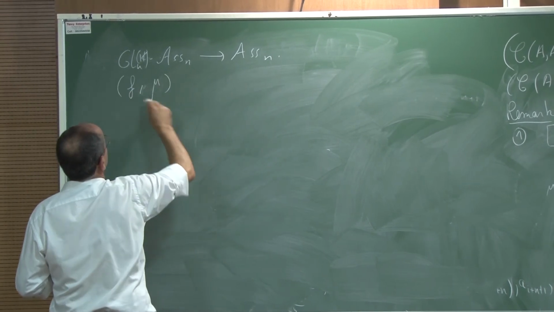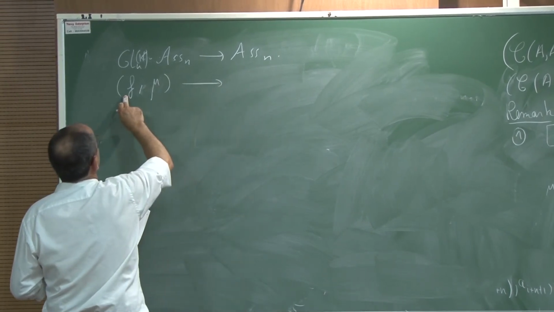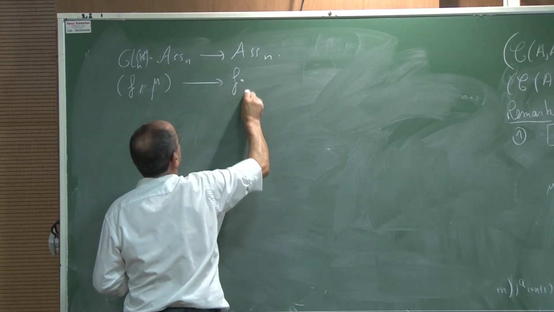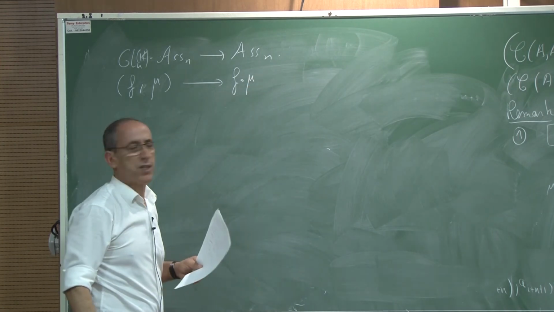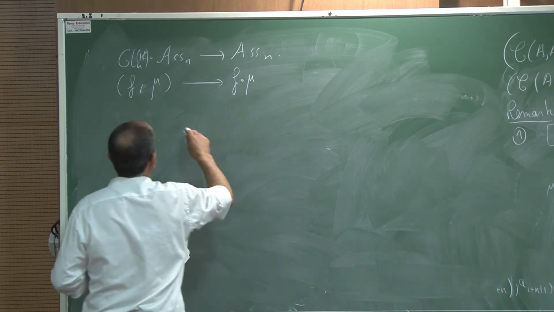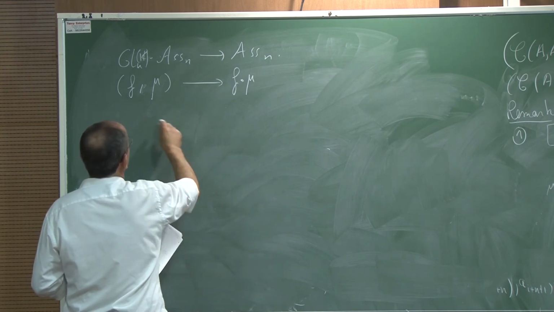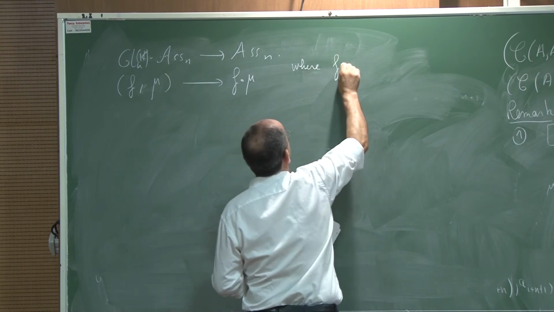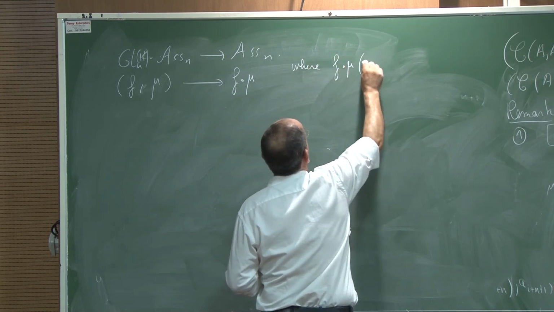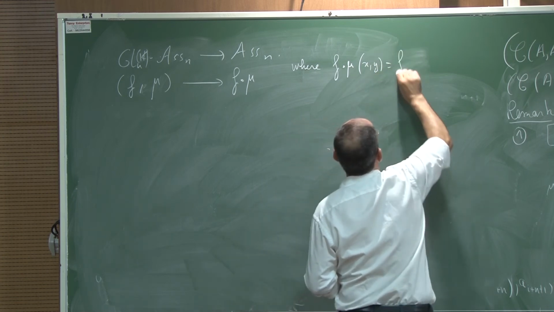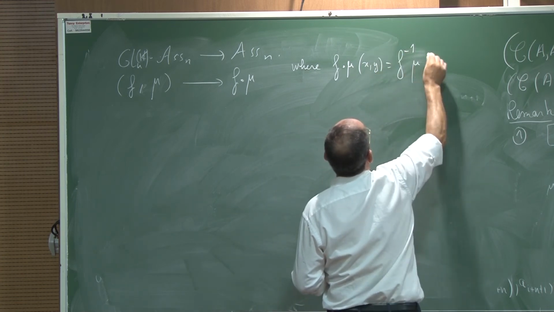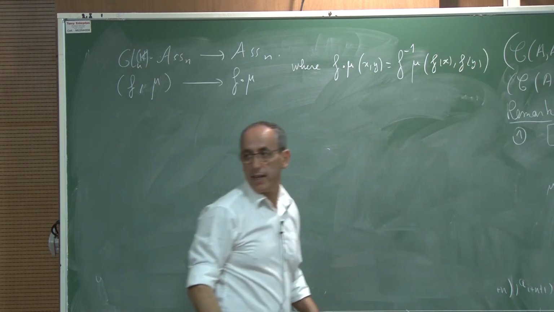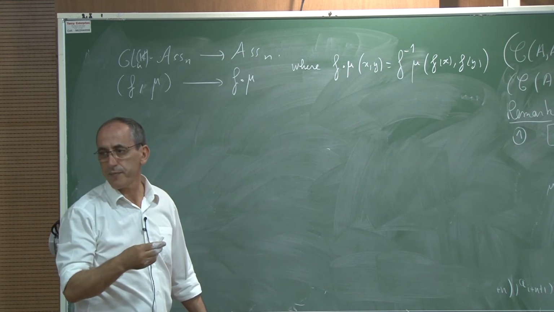If you take an element F in GLNK and the multiplication mu, you get F mu, which is a new multiplication, and it's defined in this way: F mu of x, y is F inverse of mu of Fx, Fy. Okay, then this is the action.